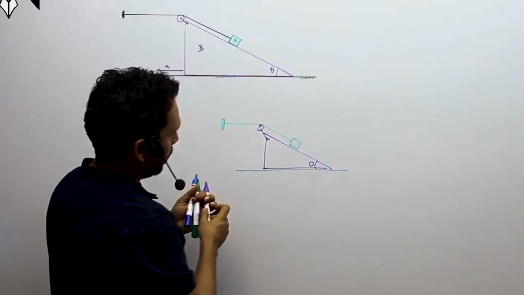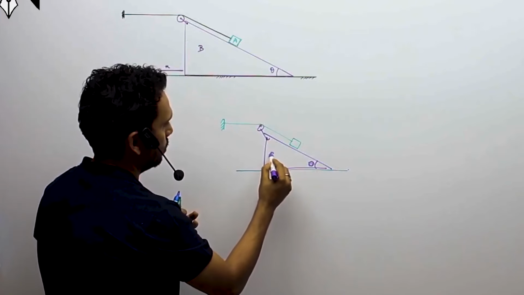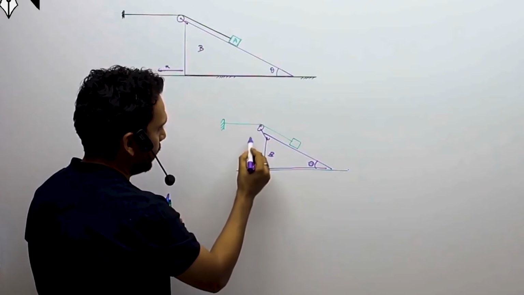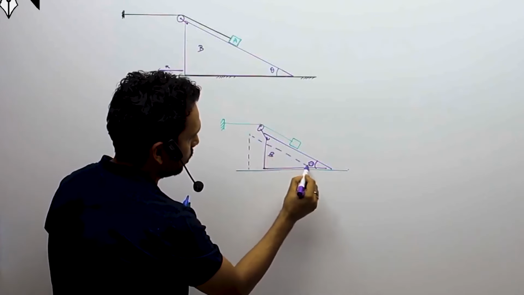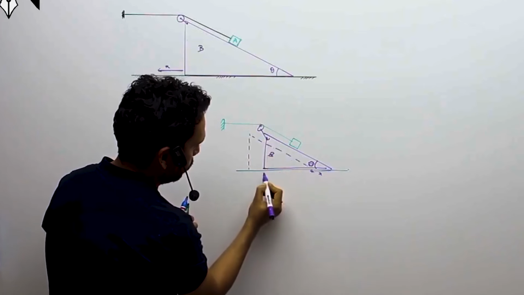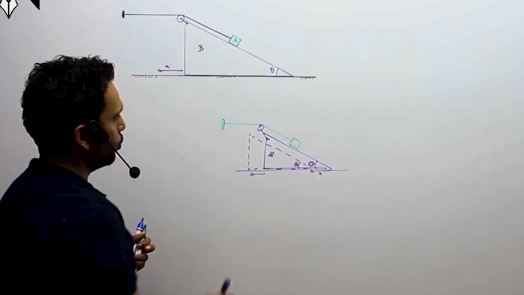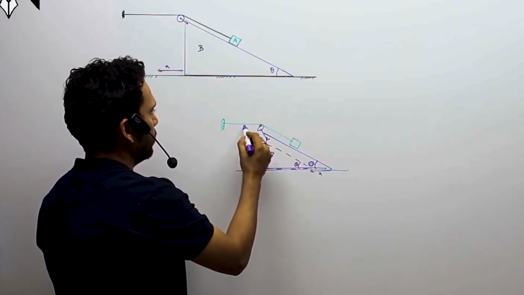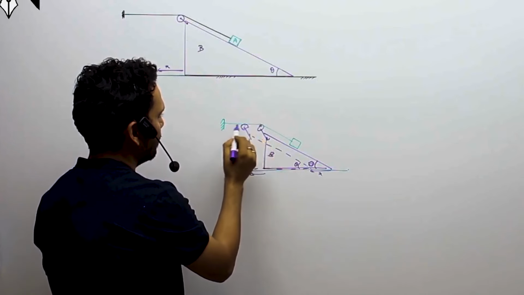So if this big mass, if this body B goes here by x, it is somewhere over here, then again I am going to draw the same diagram. This would have moved by x, this point has moved by x, and this is the new position. That's the new position, and that's your pulley. So pulley would have come over here somewhere. So that's the new position.